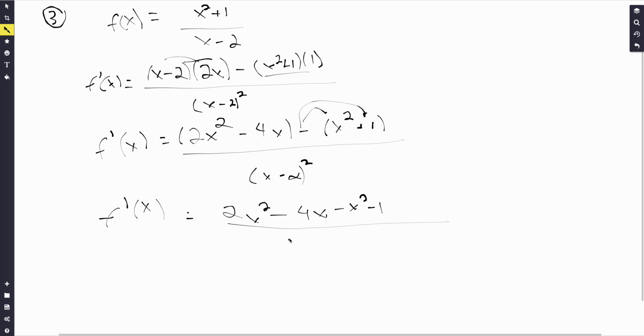And still all divided by x minus 2 squared. Now, we would simplify that even further. So that would equal x squared minus 4x minus 1 all over x minus 2 squared, giving you your final answer.